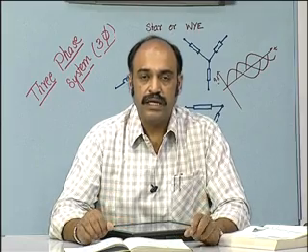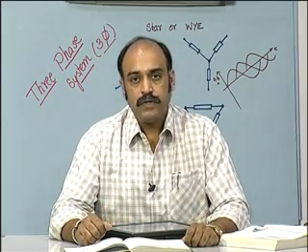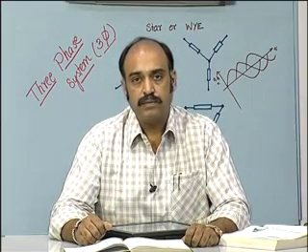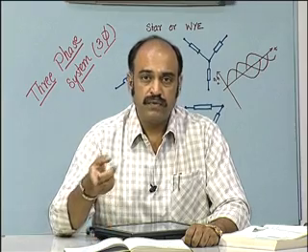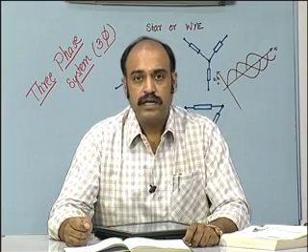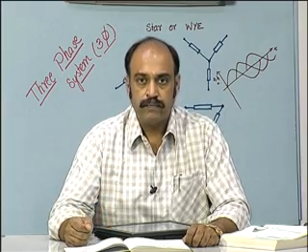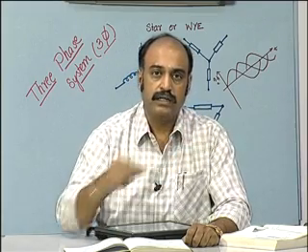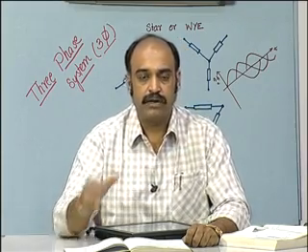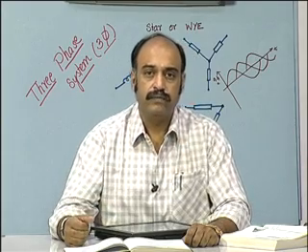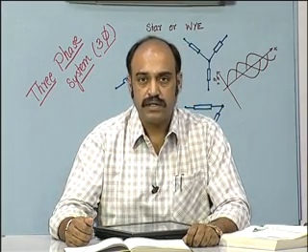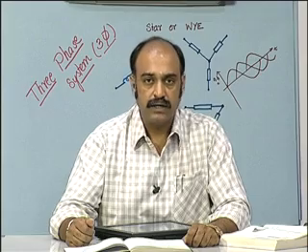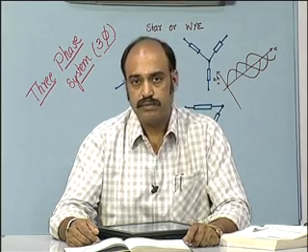So, in spatial coordinates you will have three phasors in the form of a star, equally spaced along the circle, 120 degrees with respect to each other.